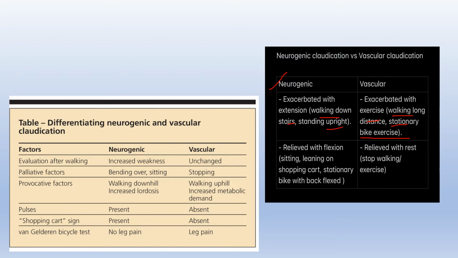Neurogenic claudication is relieved with flexion, like sitting, leaning on the shopping cart, or a stationary bike with the back flexed. Vascular claudication is relieved by taking rest, like stopping walking and stopping exercise. In neurogenic claudication, the pulse will be normal and the shopping cart sign will be present, but in vascular claudication, both will usually be absent.